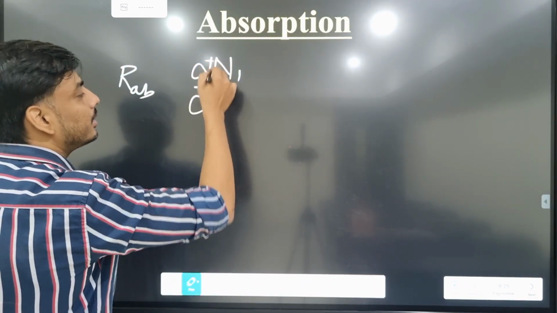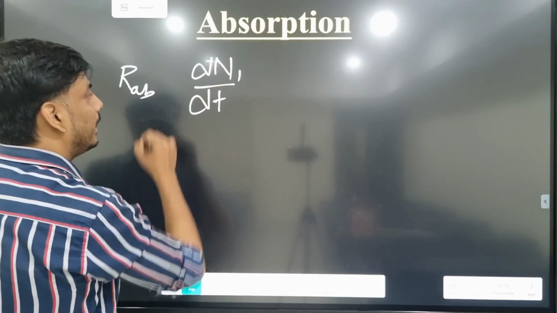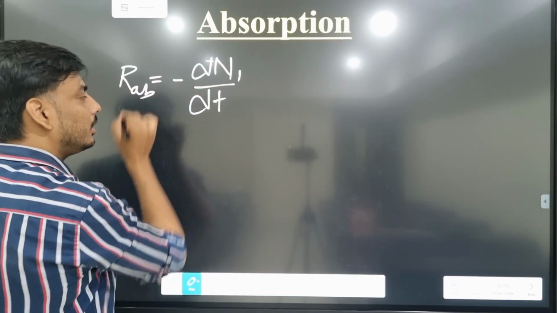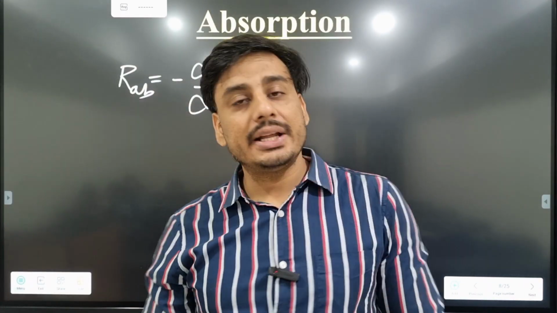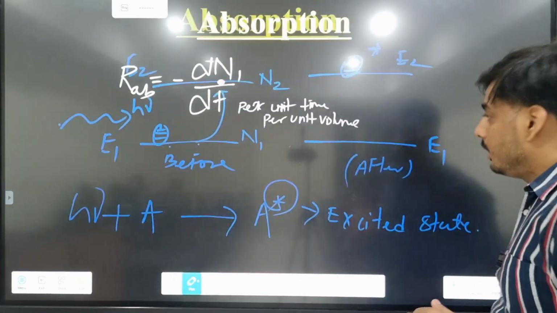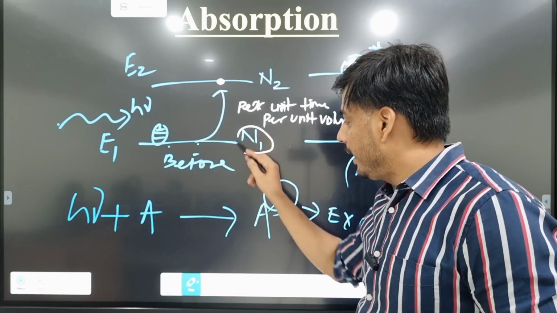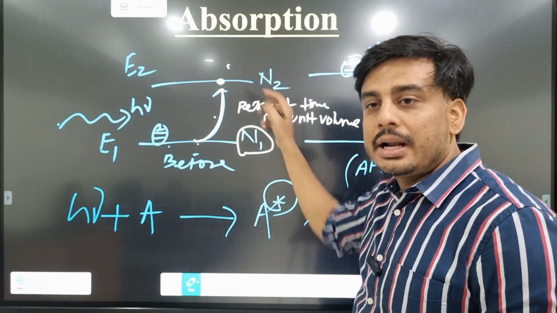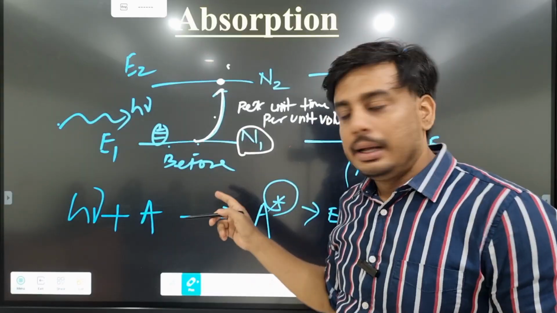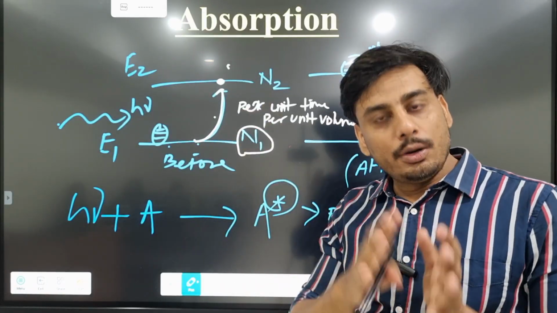So we can directly write dN1 by dt, and you can also write a negative sign here. Negative sign because if N1 particles are there, when one particle goes to the higher energy state, the number of particles will be N1 minus 1. If another particle moves, then it will be N1 minus 2.